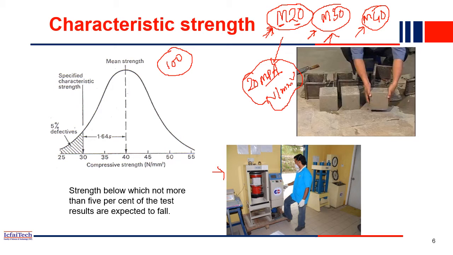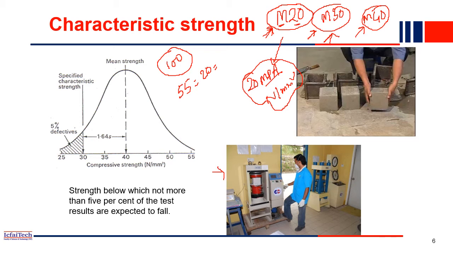Once you do the experiment, you will find something like 55 samples will give you 20 MPa. This is just for demonstration purposes. I am giving some numbers, but in reality, these numbers may vary. So out of 100, 55 samples will give you 20, which is the designed M20.